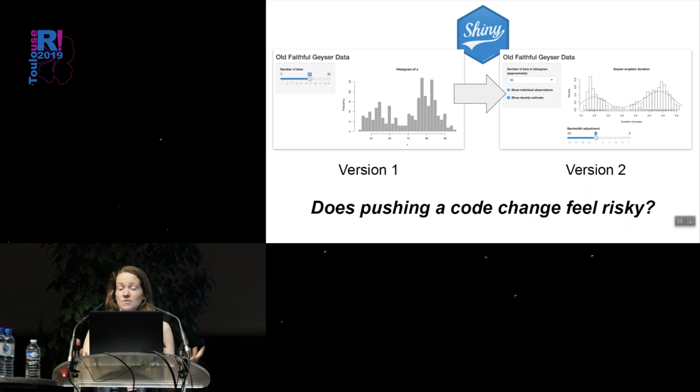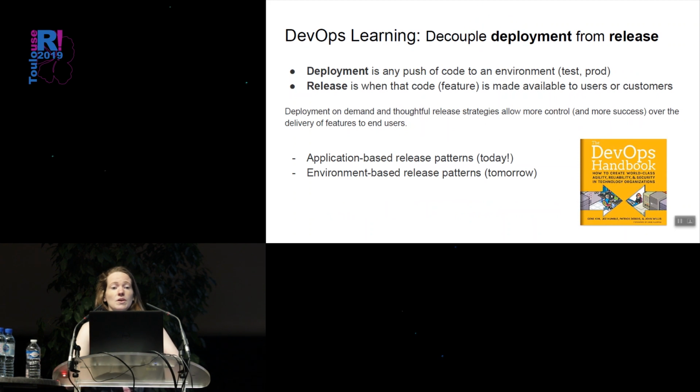But even then, software engineers still feel like sometimes, especially when you have an application in production that you're really counting on to be there all the time, pushing a code change can still, even with all of those tools, feel risky. So from DevOps, there are a couple different concepts that help you think about patterns for creating solutions around this problem specifically. One of those patterns is the idea that you'd want to decouple deployment from release.